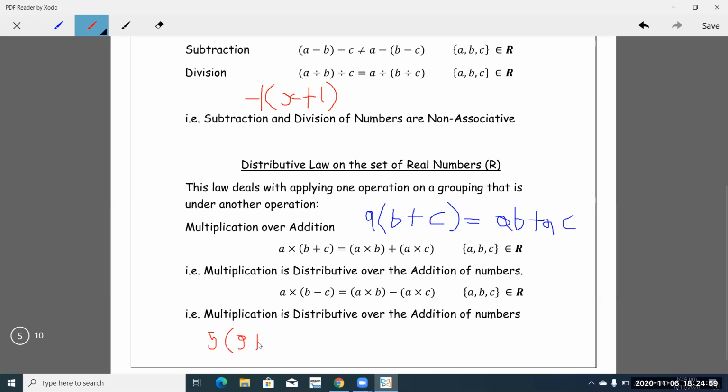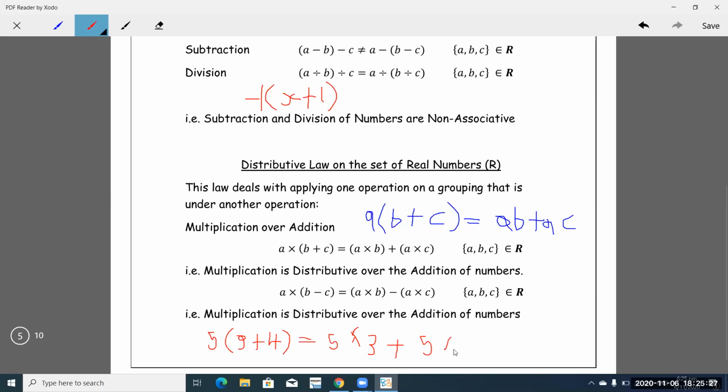We would just apply the distributive property. We would get 5 times 3 plus 5 times 4. That's what the distributive property says.